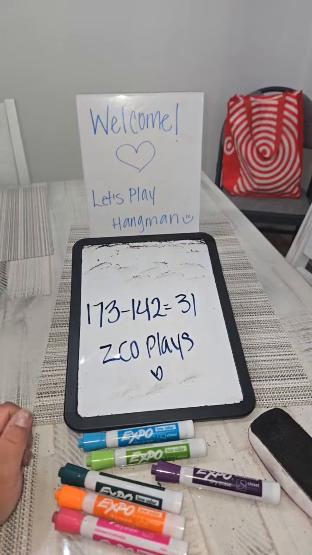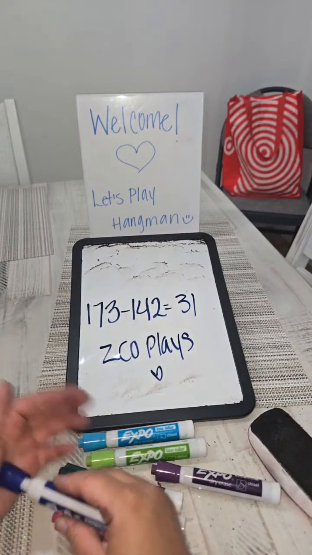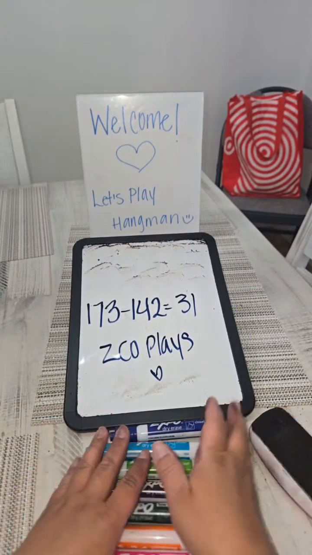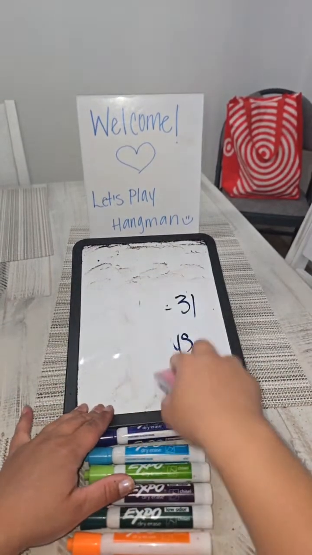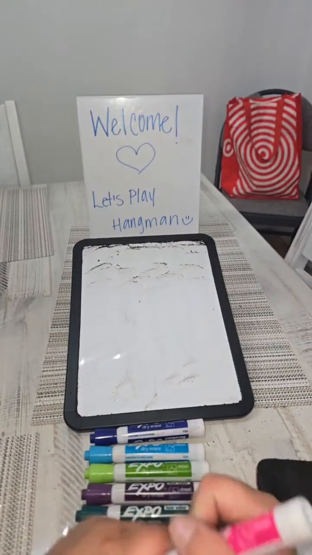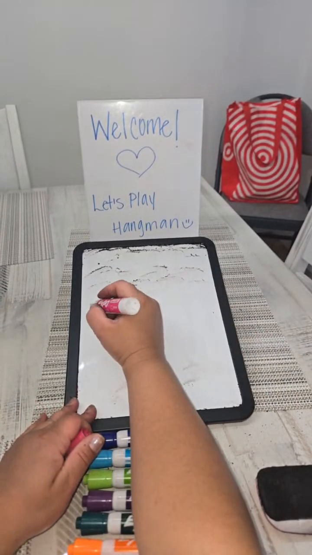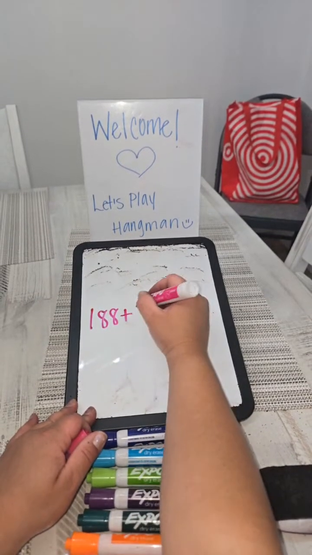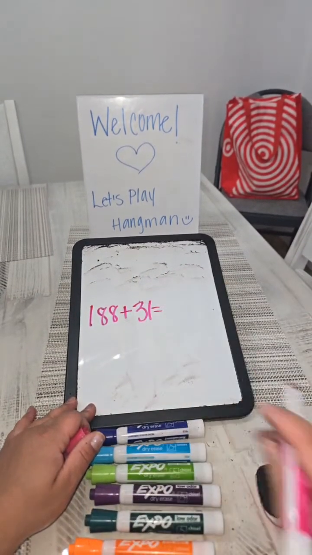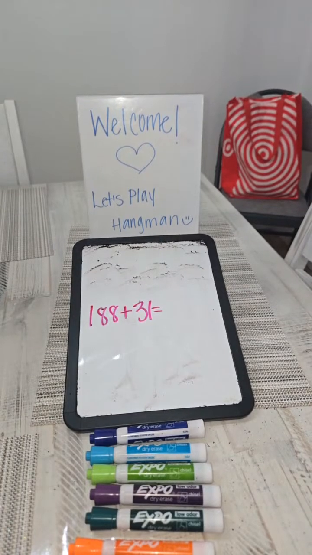So I'm going to pin this person and let's see who can beat that person with the right answer, okay? What is 188 plus 31? Again, what is 188 plus 31?